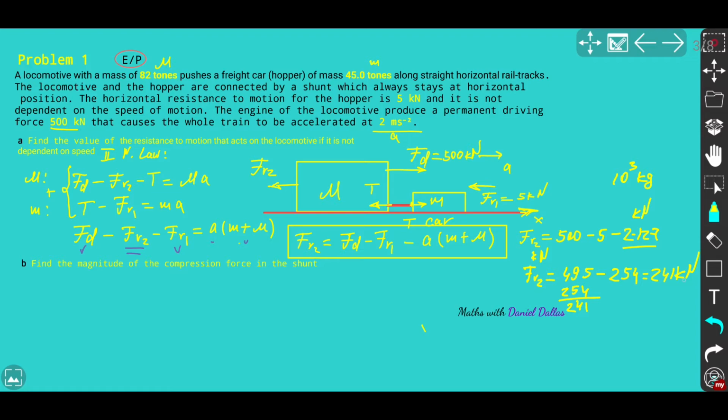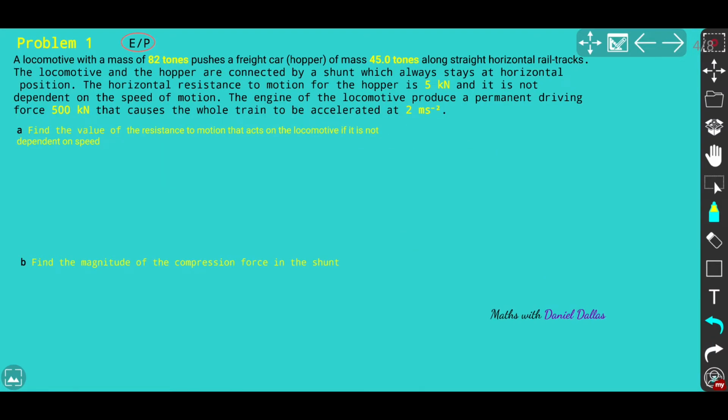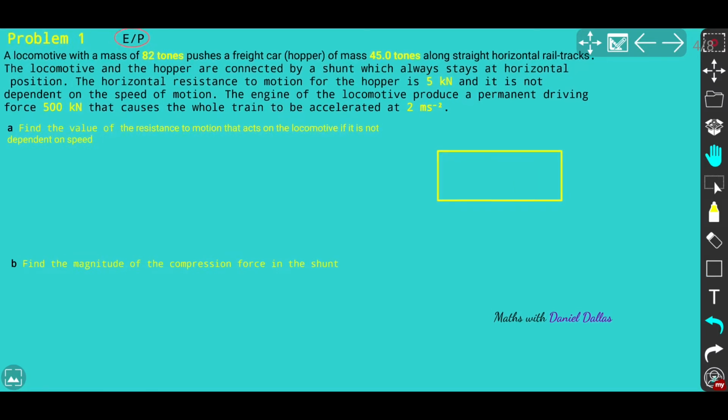So I hope you got it, but for comparison, I'll show you a slightly different approach, as if I consider the whole object as a single one. So that's why I just move here. I have the same problem here, and I just combine them. By combining them into a single object, what's the purpose?